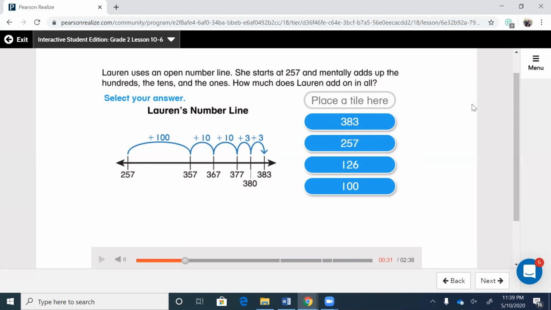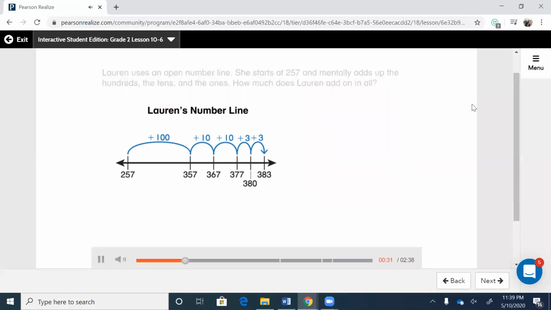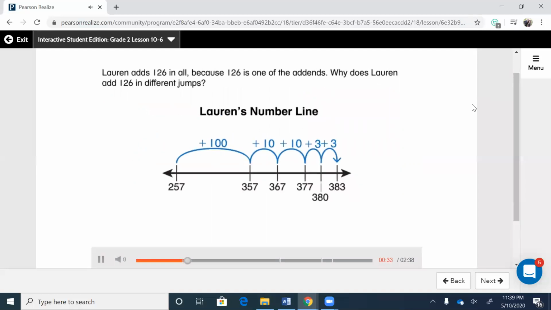I'm sorry, I stepped away for a second as the video was playing and my little one touched one of the tiles here. Okay, we have 100, 10, 20, and 26. So she added 126. Lauren adds 126 in all, because 126 is one of the add-ins. Why does Lauren add 126 in different jumps?